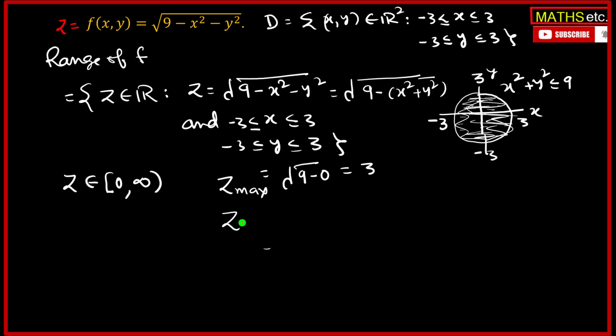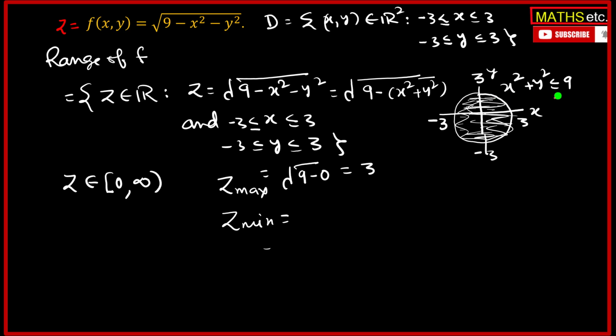What will be the minimum value of z? The minimum value of z will be when the expression on the right hand side is minimum. And when will this be minimum? The minimum value will be when x squared plus y squared is maximum.